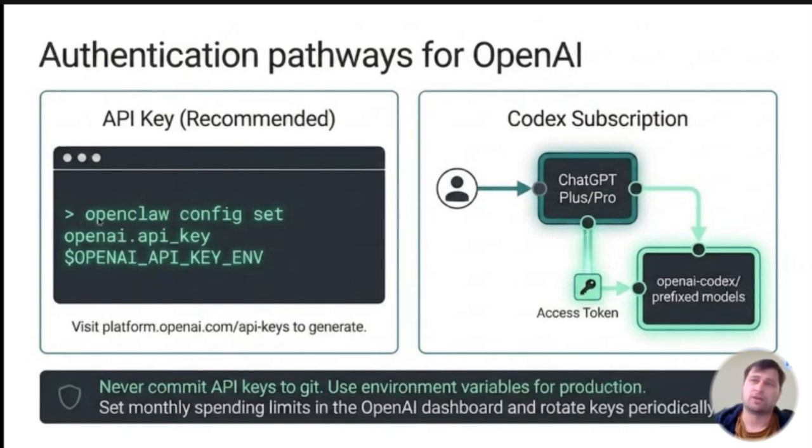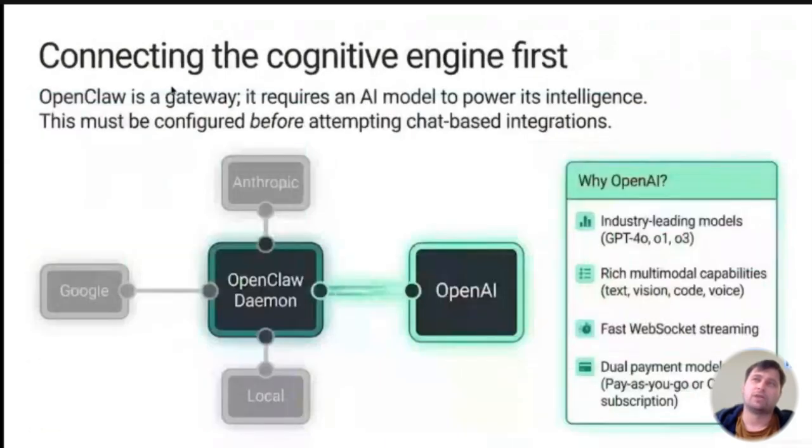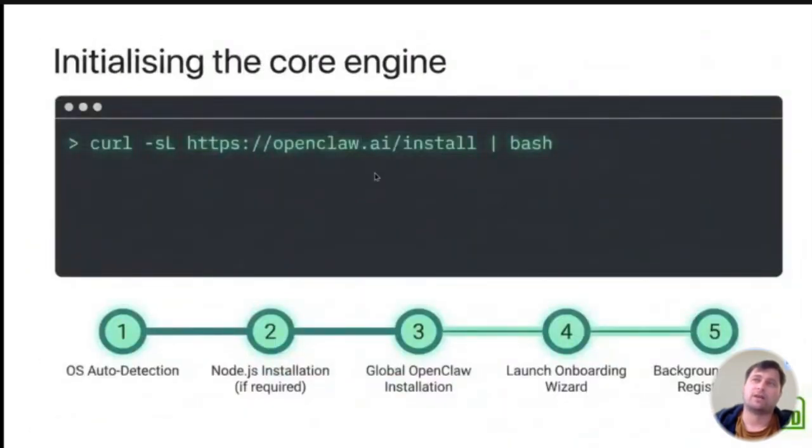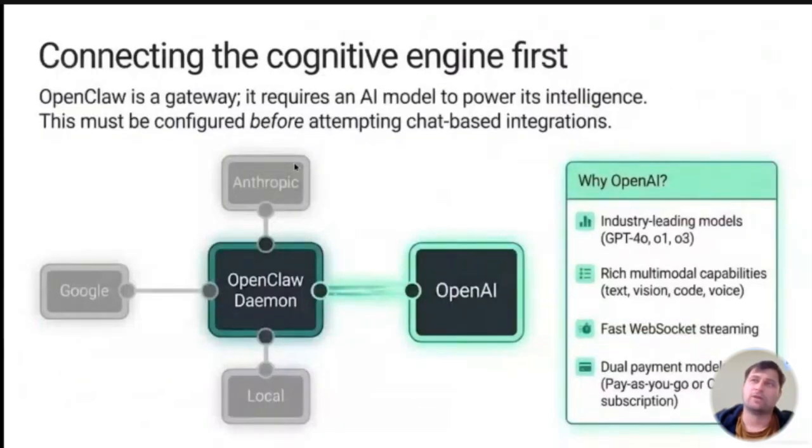You can run OpenClaw config set, and it automatically sets the key. Now I saw that they updated this a bit. During the installation process, it will ask which provider you want to use. Let's say you select OpenAI, and it will ask if you want to provide an API key, or if you have a subscription. During this process, it will do it automatically. Before, it was a bit different.